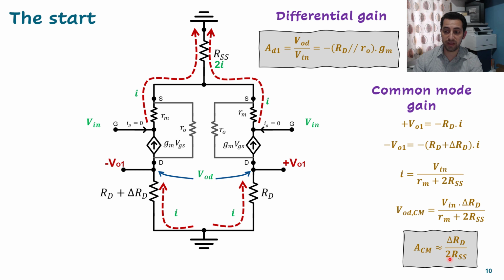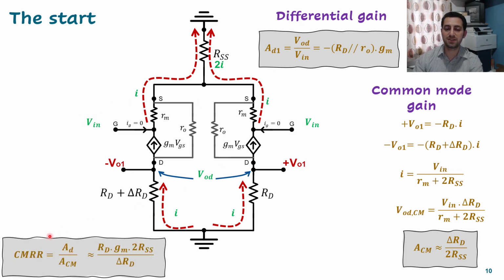And the ability for an amplifier to reject the input brought by these two inputs to the output, we call CMRR, common mode rejection ratio, which is AD, the differential amplification, divided by the common mode amplification, and this is here the equation. By looking at the equation, we can understand that if the RSS is very high, it will reject the common mode signal more, which is the desirable part.